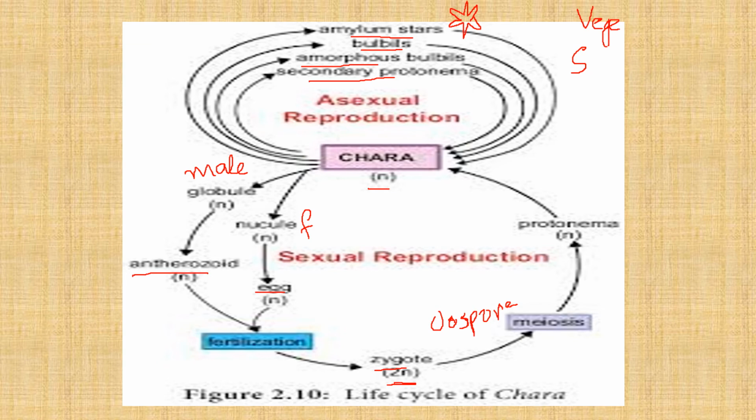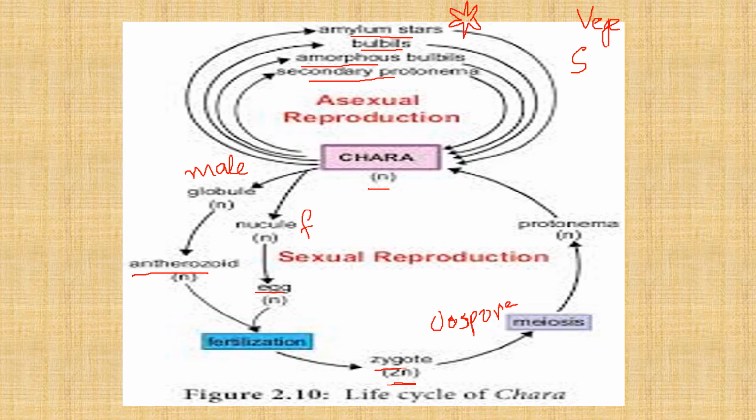And this oospore, once it is formed, settles down to the bottom of the pool, and for the germination, both water and sunlight are required. In Chara, not only the germination but also the entire life cycle is dependent upon the light intensity. I'll come to it later on.